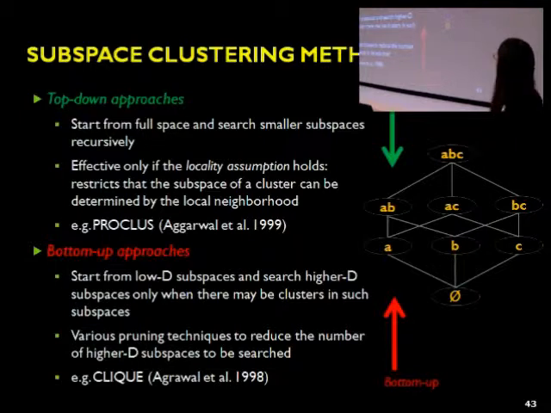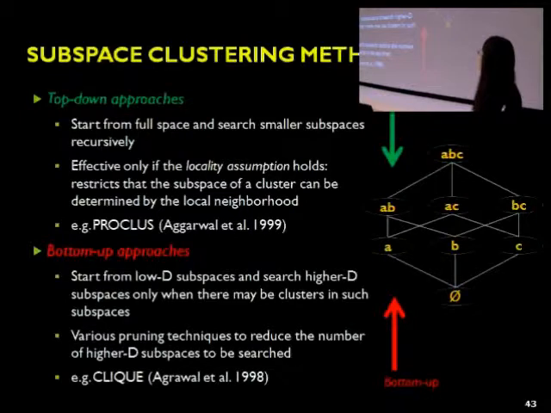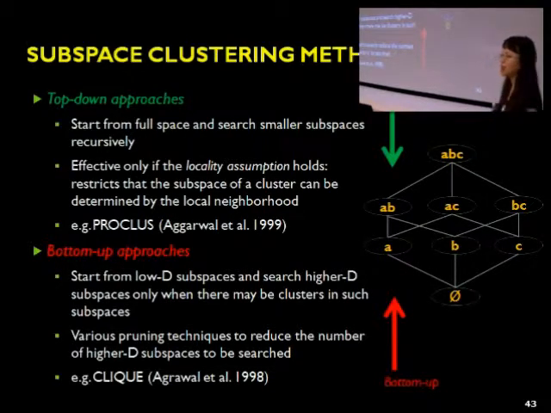And the bottom-up one starts from a smaller number of attribute subspace and looks for higher super subspaces, let's call it. So basically, the first approach is based on the locality assumption, that is, the subspace of a cluster can be determined by the local neighborhood.